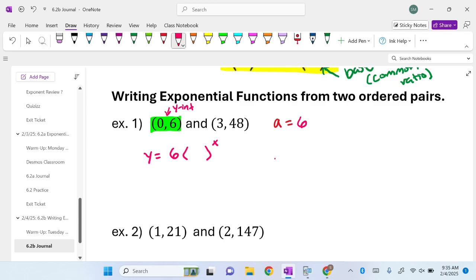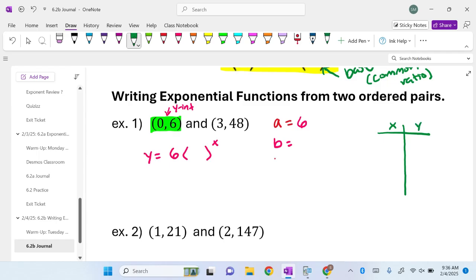So now we need to find our b value. Now, it may seem like it's a complicated task given that we only have 2 points and not a table or a graph, but it's actually about the same process as if you're finding it from a table. So what I'm going to do is I'm going to make my own table.